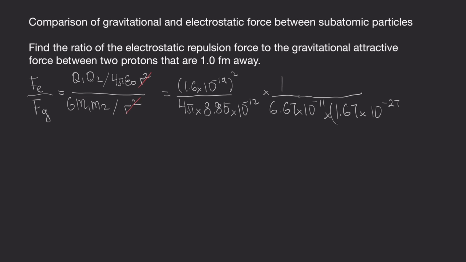And there's two of them, so we need to square it. Plugging this into a calculator, we're actually going to get an enormous number, somewhere around 1.237, let's call it 1.2, multiplied by 10 to the power of 36. The electrical force is orders of magnitude larger than the gravitational force.